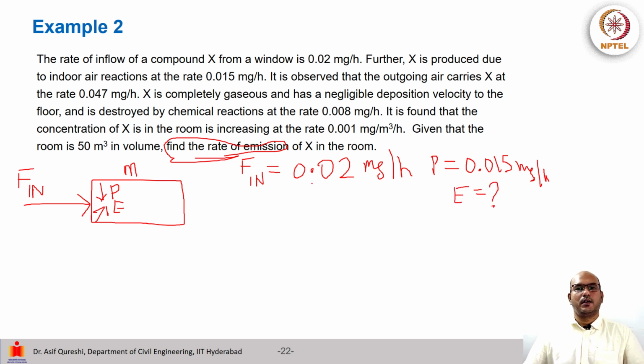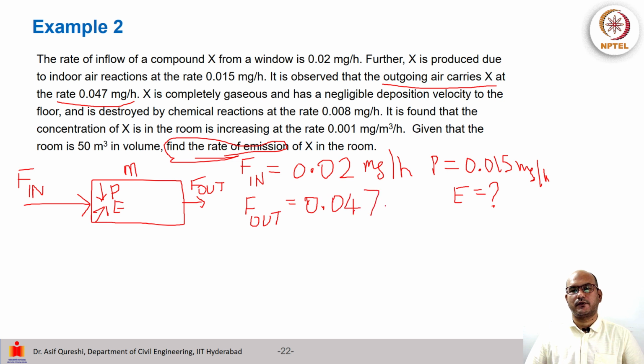Let's see losses. It is observed that the outgoing air carries X at 0.047 milligrams per hour. So we have our F out, which is 0.047 milligrams per hour.